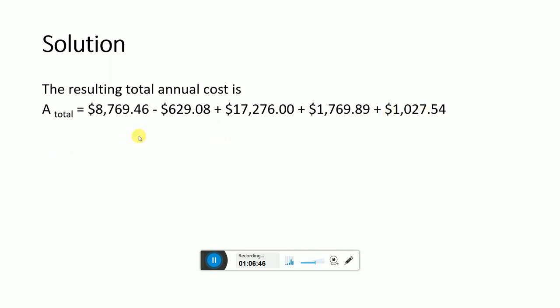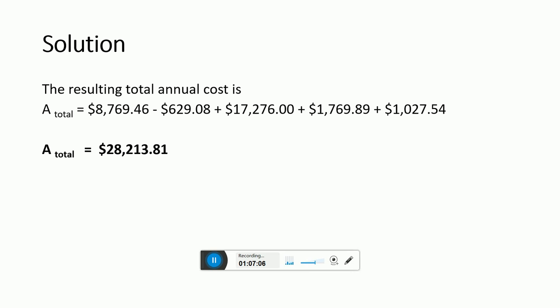If we add up all these, we get the annualized total cost, 2821.3.81. This is the total annualized cost which will be used.